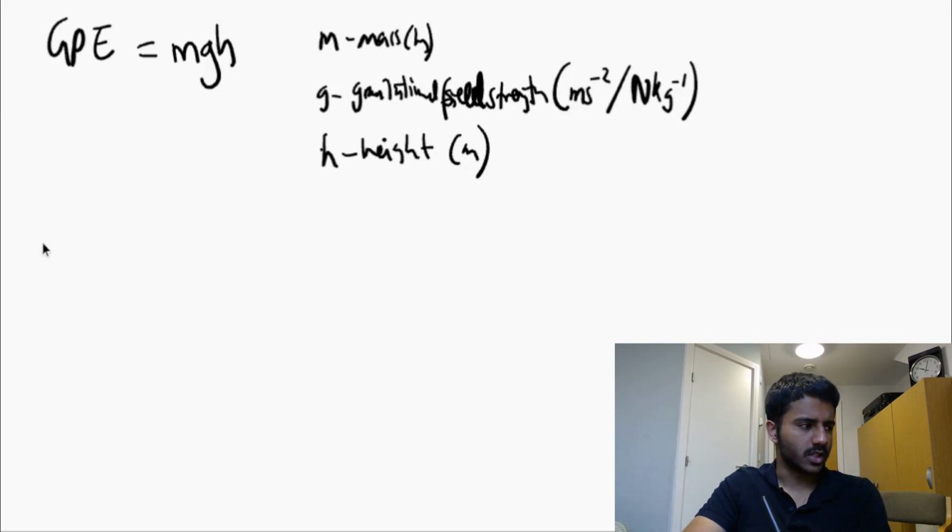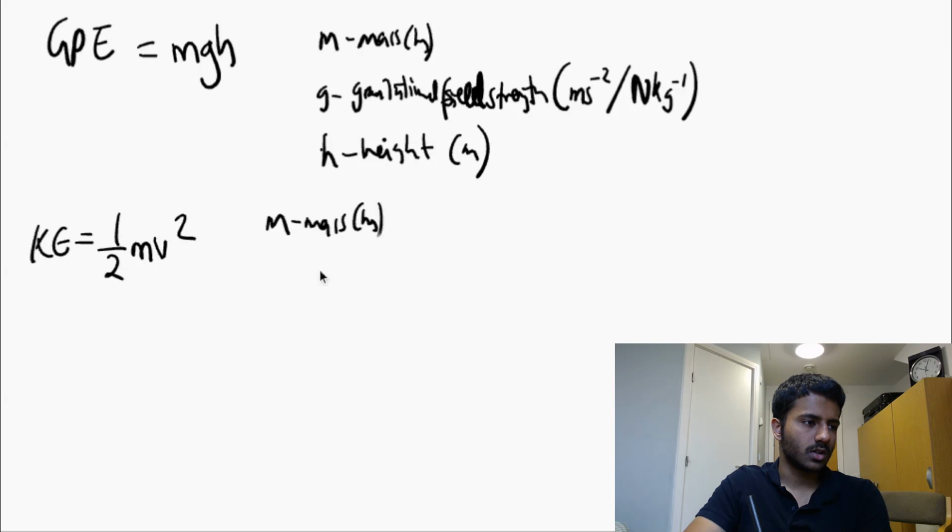The other big equation is your kinetic energy, which is a half mv squared, where m is your mass in kilograms, v is your speed in meters per second.